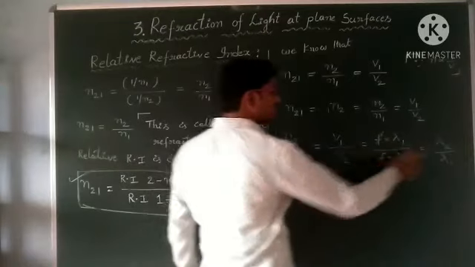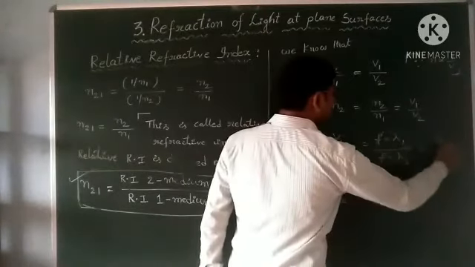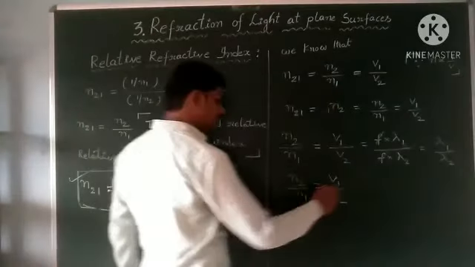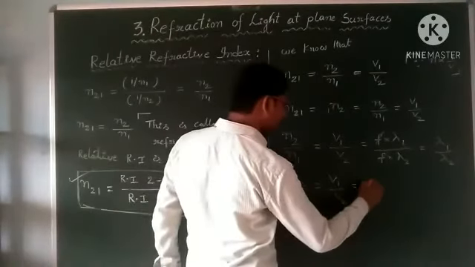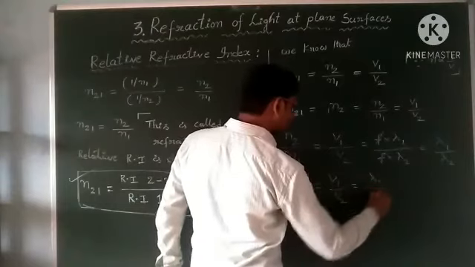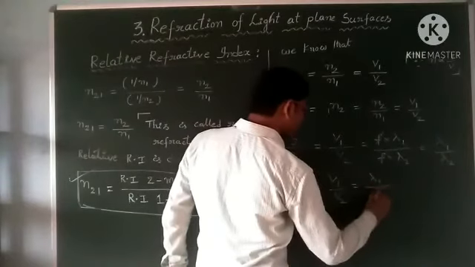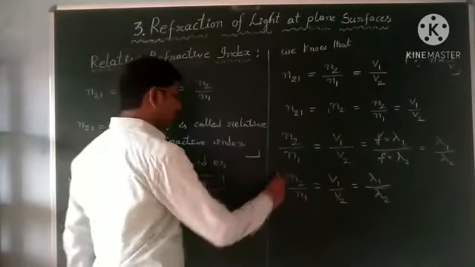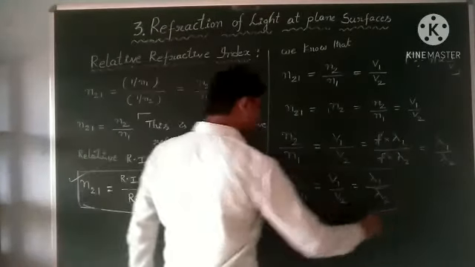F is a constant, so you are getting lambda 1 by lambda 2. So n2 by n1 is equal to v1 by v2, that is equal to lambda 1 by lambda 2. So this is the formula.